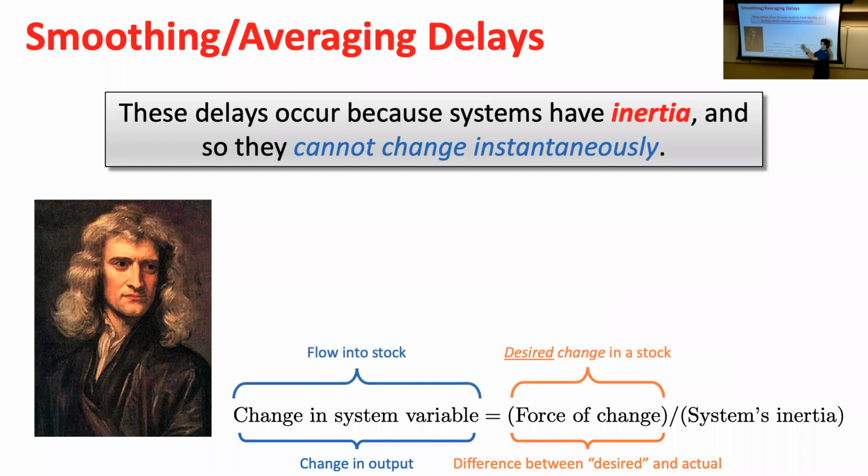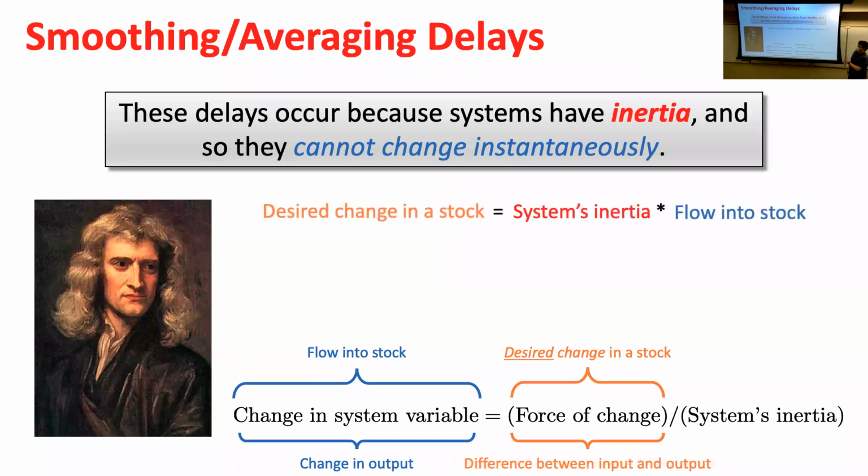Then the rate of change into that stock is going to be equal to the thing trying to make them change their mind divided by this parameter, the delay constant we're talking about. If they have a very long delay, it divides down that change so you get hardly any change in the stock. If they have a very small inertia, they change much more quickly.